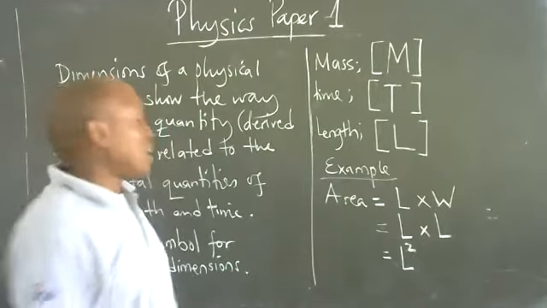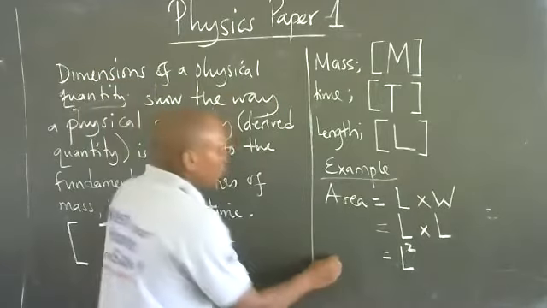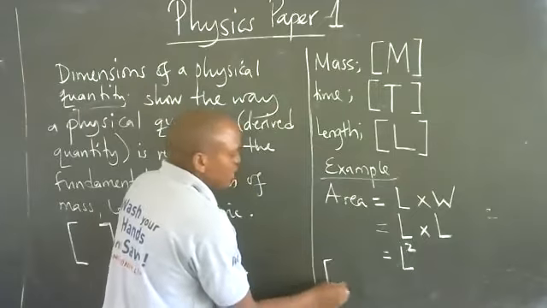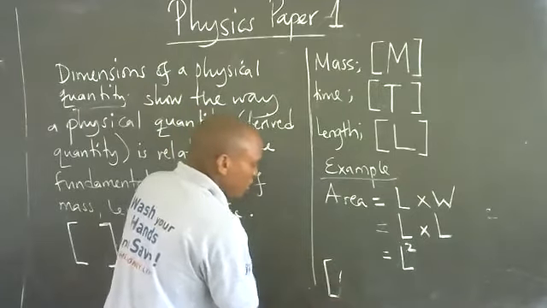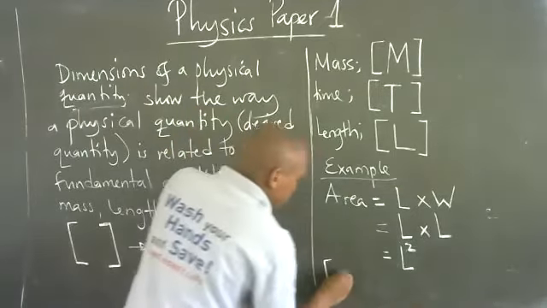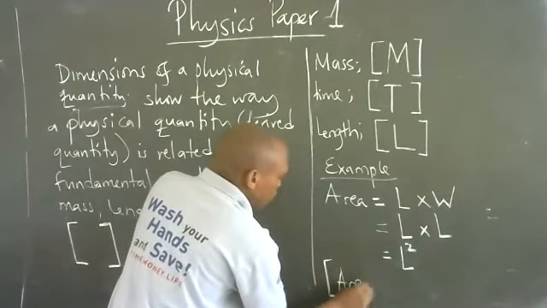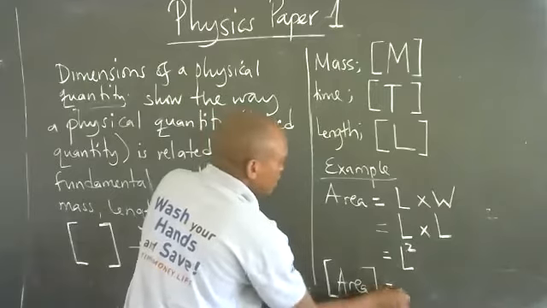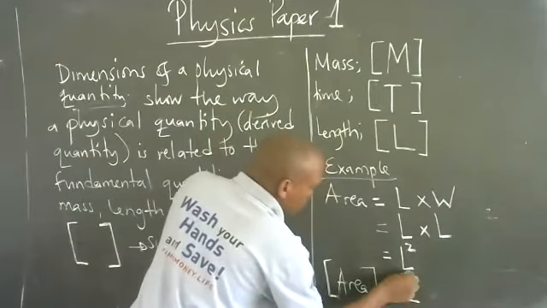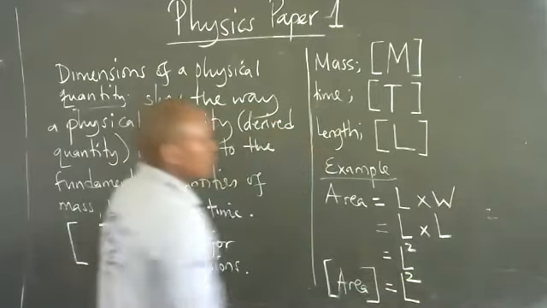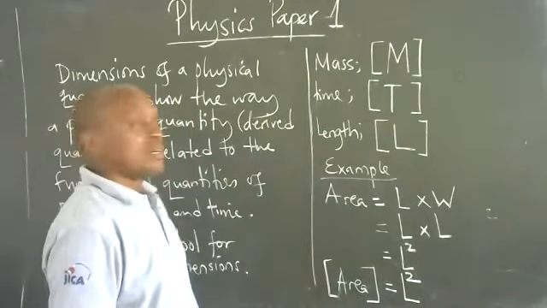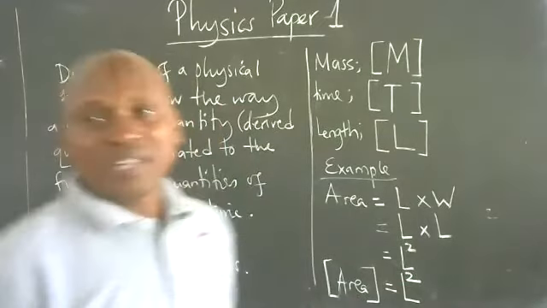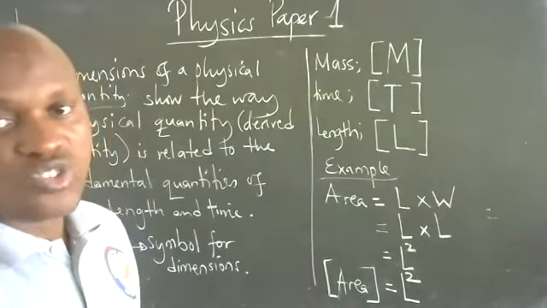Now, how do I write the dimensions of area? Dimensions of area are equal to L squared.